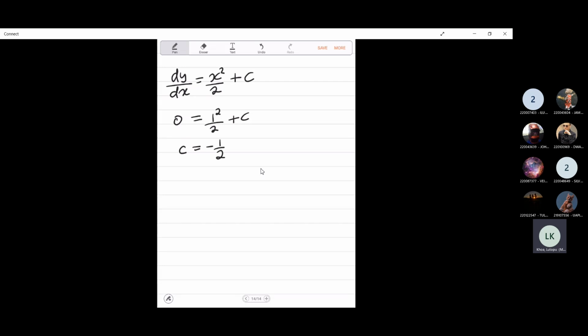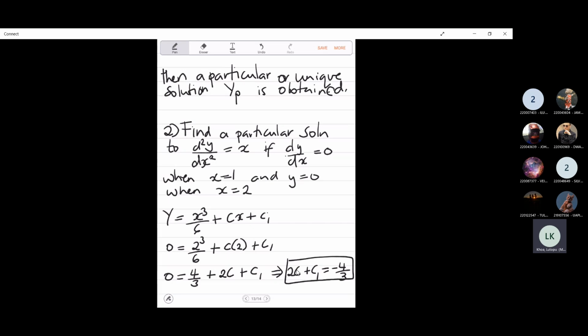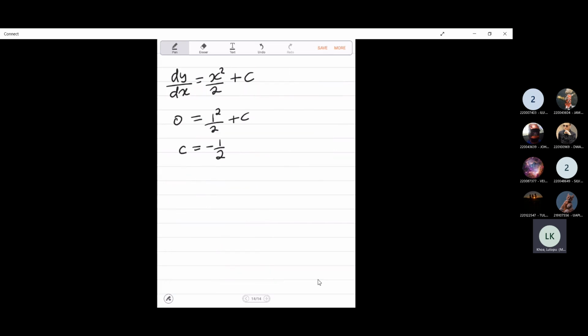Now that I know what c is equal to, I will substitute it over here to solve for c1. So c1 is equal to minus 4 over 3 minus 2c. So we have minus 4 over 3 minus 2 times minus a half. This is minus 1/3.